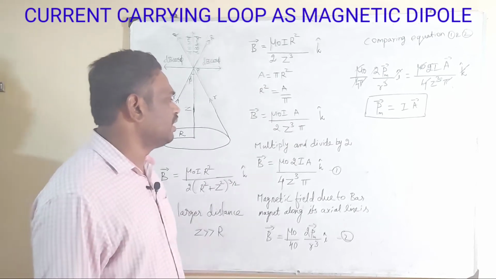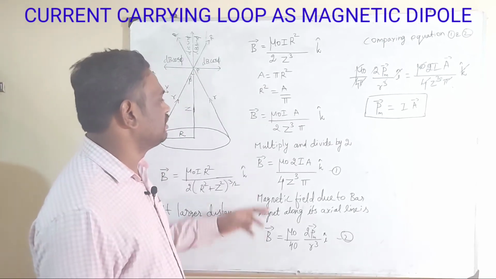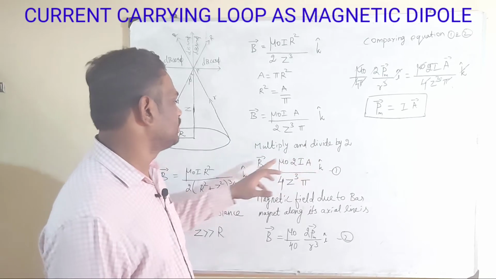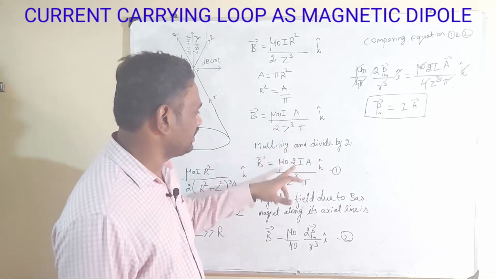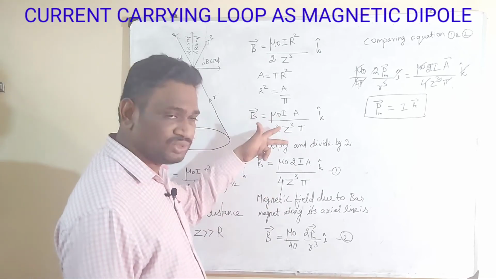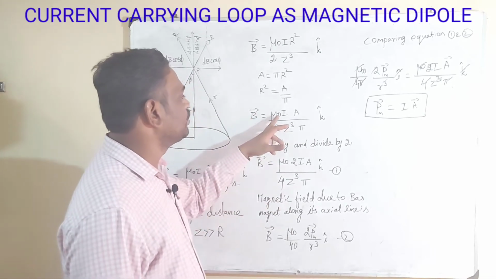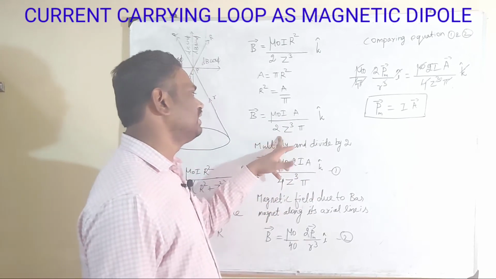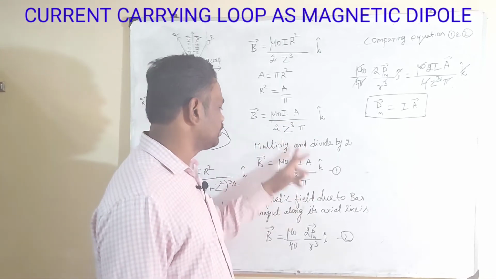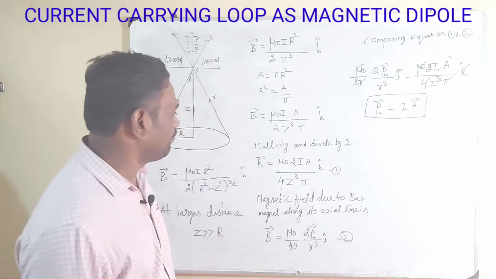Now multiply and divide this equation by 2, so that you will get mu naught 2 I A divided by, here 2 into 2 will become 4 Z cube pi.